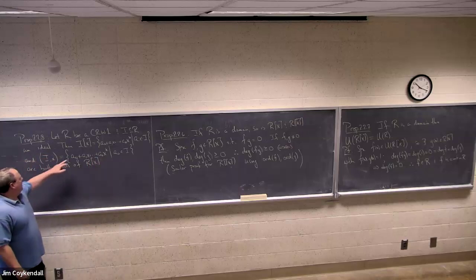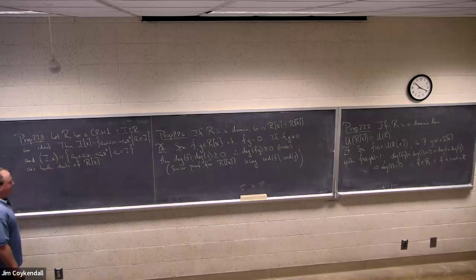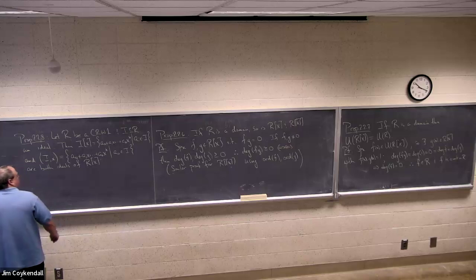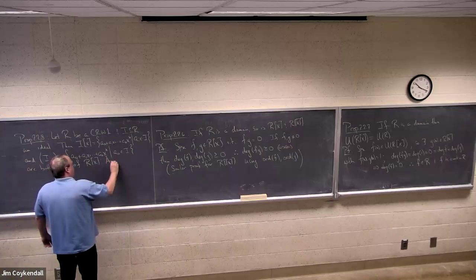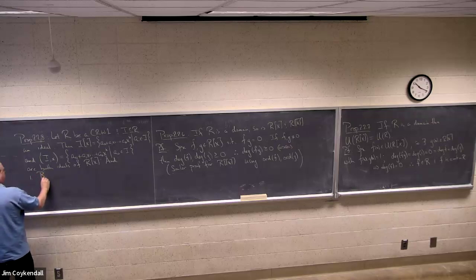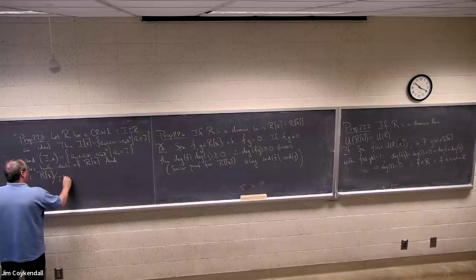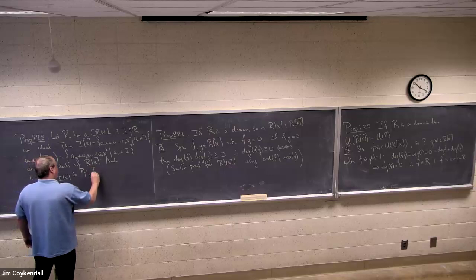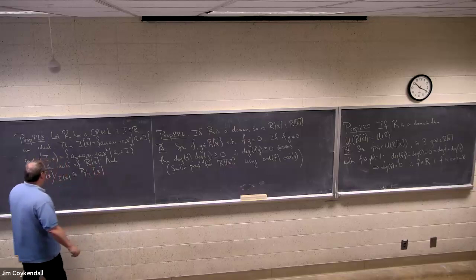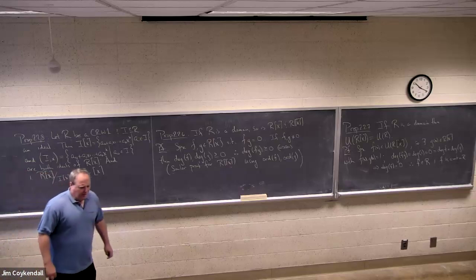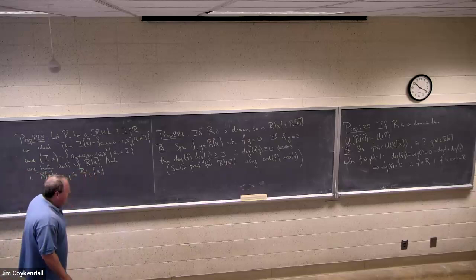Notice that, of course, this one is contained in this one, as a matter of fact. What is more, number one, R[x] mod I[x] is isomorphic to (R mod I)[x].